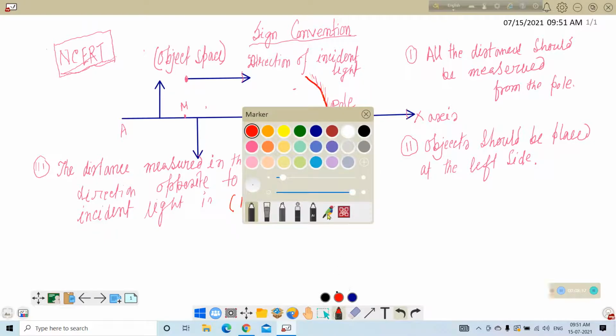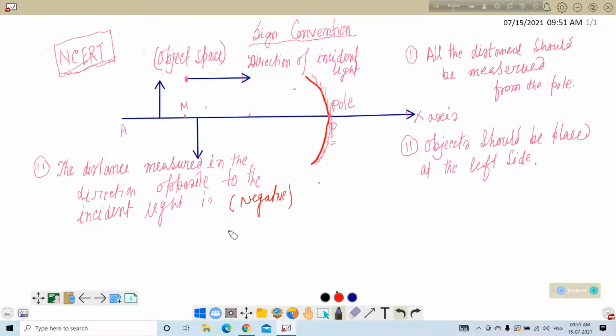This distance is negative. While measuring from P to M, we go against the direction of the light, so this is a negative distance.